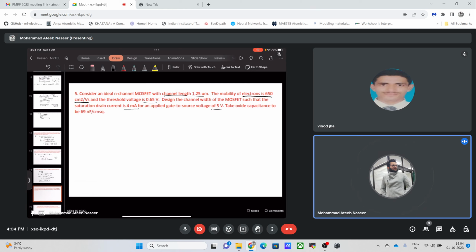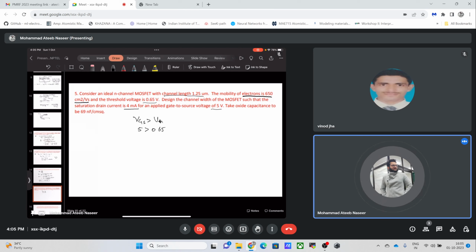Now, it would simply mean that VGS is greater than VTH, because 5 is greater than 0.65, and for VDS, let's assume that the MOSFET is in saturation.